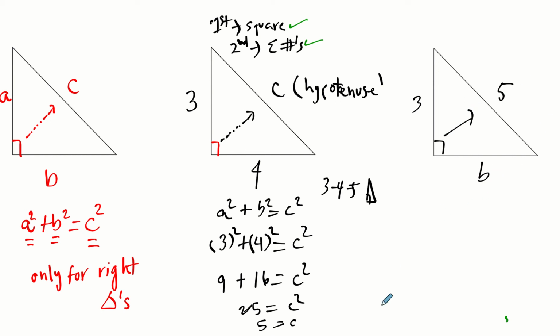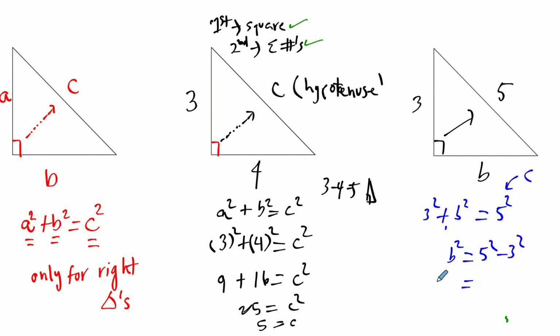So here we go again. We have 3 squared plus B squared is equal to 5 squared. Remember, the C is always by itself when we begin. Now we have B squared is equal to 5 squared minus 3 squared.